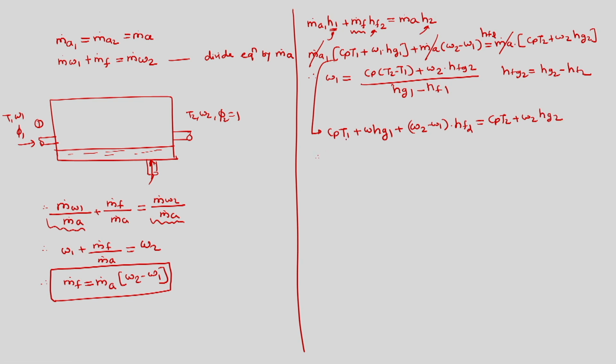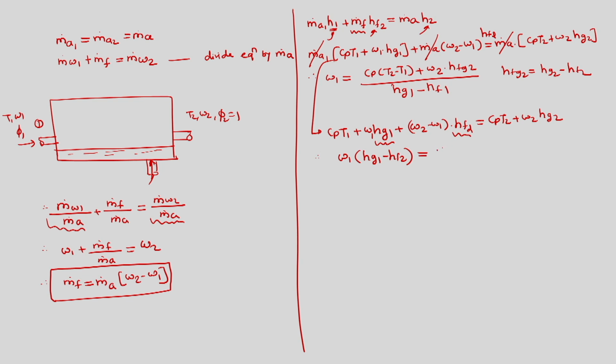So we can have Cp T1 on that side, and we will write it with all the terms together for omega 1. So omega 1 into Hg1 here minus Hf2 here.